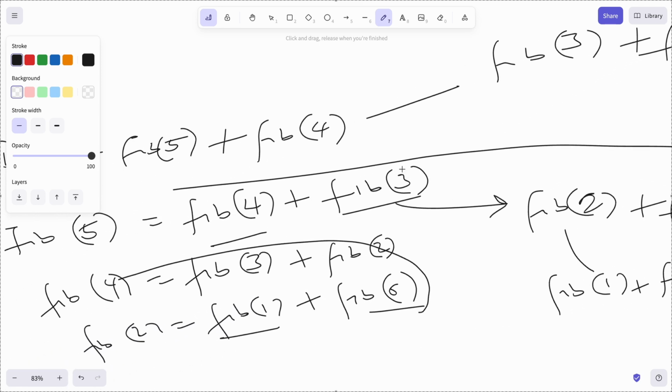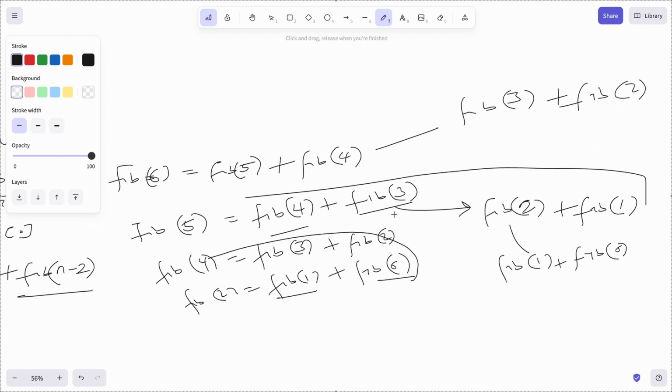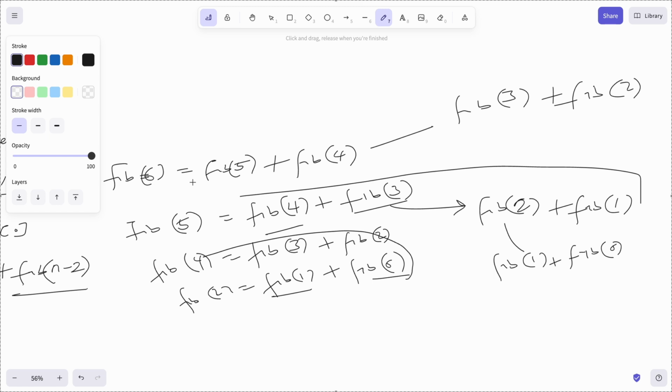The important point here is, if we notice something about these problems, in trying to solve for fib of 6, we need to break it down into 5 and 4. For 5, we break it down into 4 and 3. Then to solve for 4, we break it down into 3 and 2, until we get to 1 and 0.